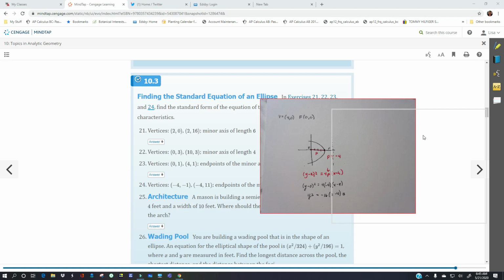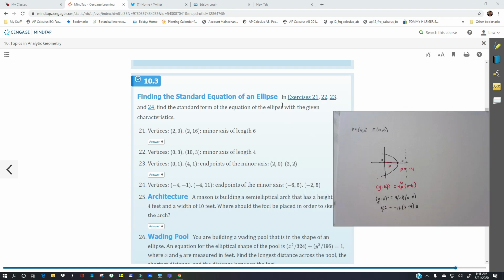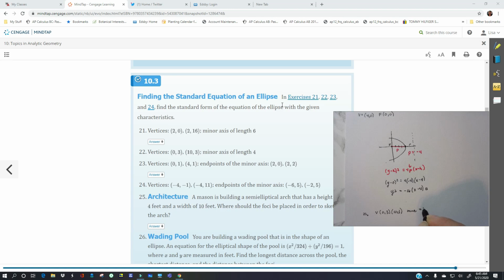In 10.3, we're going to find the standard equation of the ellipse. So for example, I'll do number 22, and they're giving us vertices of (0, 3) and (10, 3), and a minor axis with a length of 4.